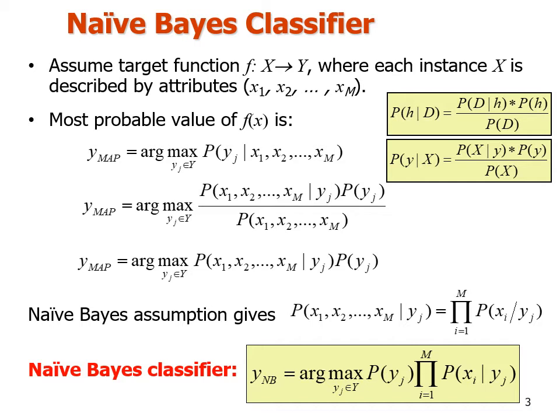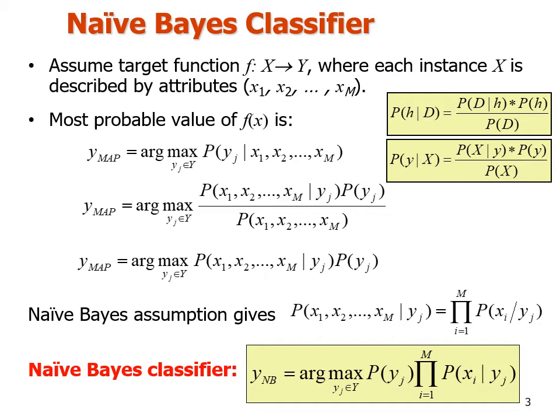So if we have m attributes, then the number of times we need to do this calculation is just m times the number of distinct target values. Obviously this number is much smaller than the computation we saw earlier for y map.